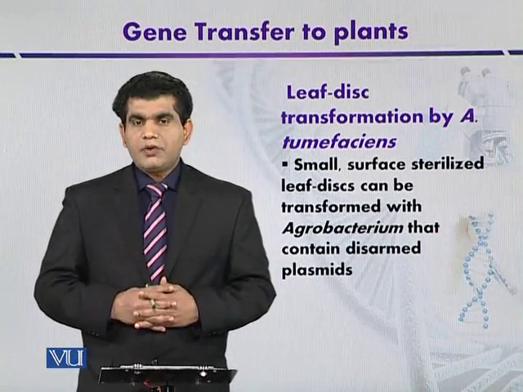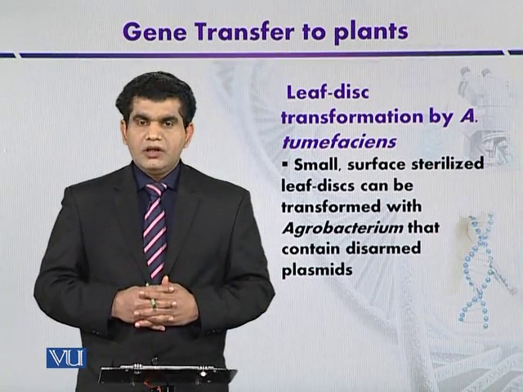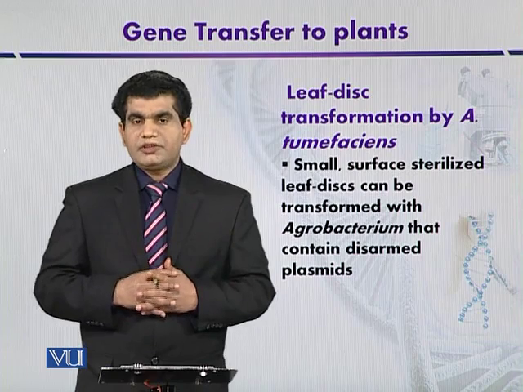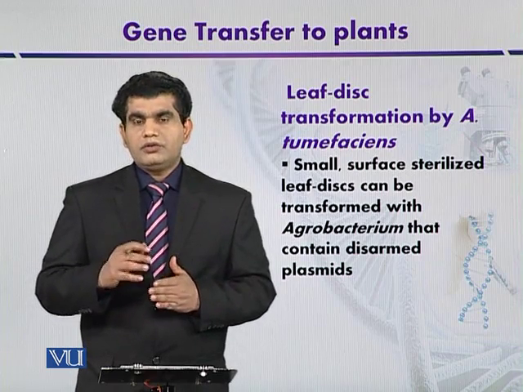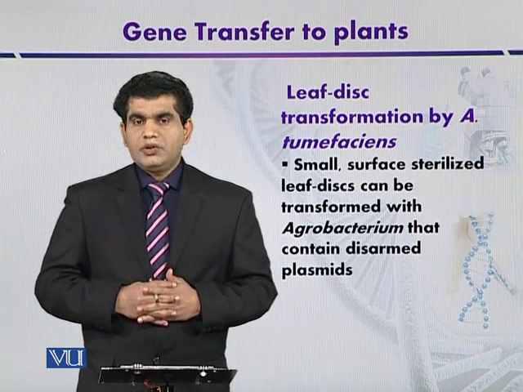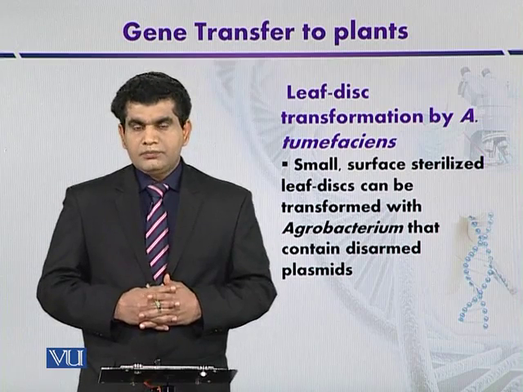Leaf disc transformation by Agrobacterium tumefaciens. So in the last example, we have studied how the two plasmid strategy can be used to infect leaf tissues or any explant.